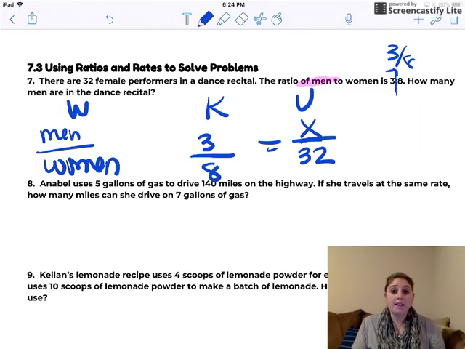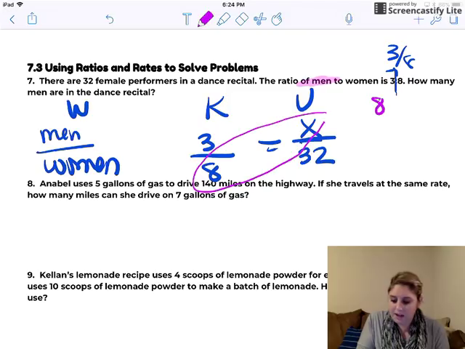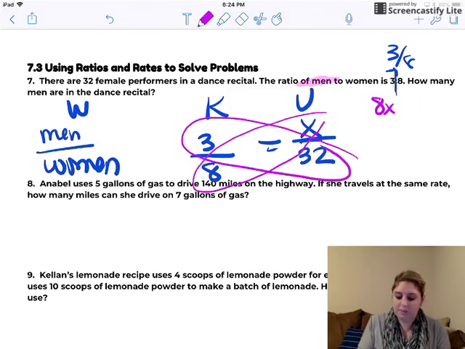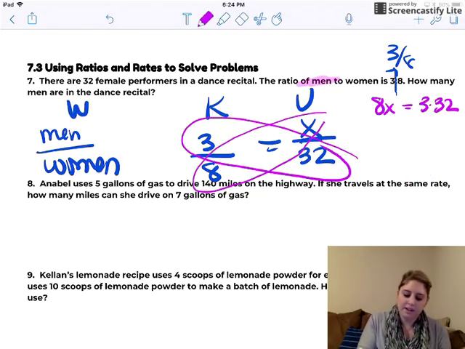All right, at this point, again, you have a couple of options. Option number 1 is to cross multiply. So this would be 8 times x equals 3 times 32. And so over on the side, I can take 32 times 3, and I get 96. So I have 8x equals 96.